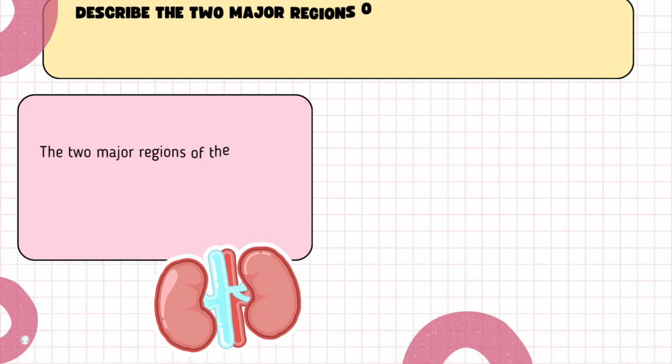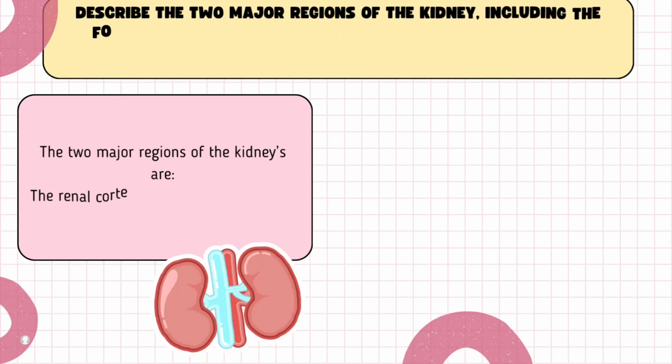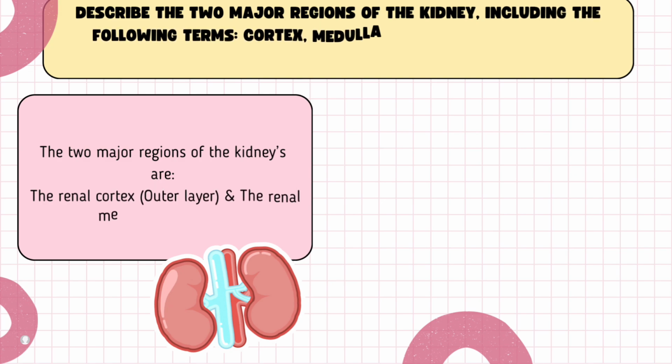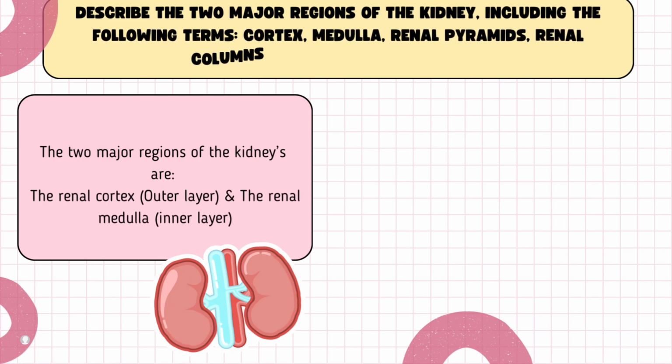Okay, describe the two major regions of the kidney, including the following terms: the cortex, medulla, renal pyramids, renal columns, renal papilla, and the lobes. The two major regions of the kidneys are the renal cortex, which is the outer layer, and the renal medulla, which is the inner layer.